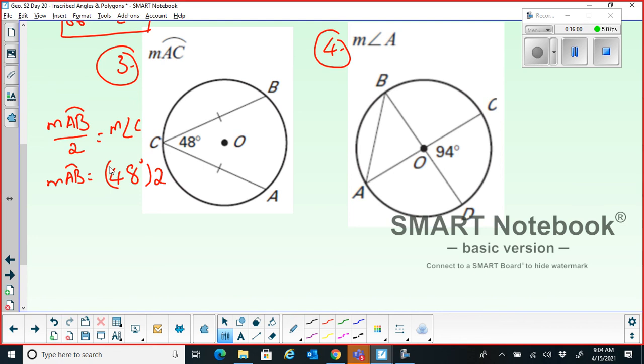So let's write that measure of arc AB is 96 degrees.